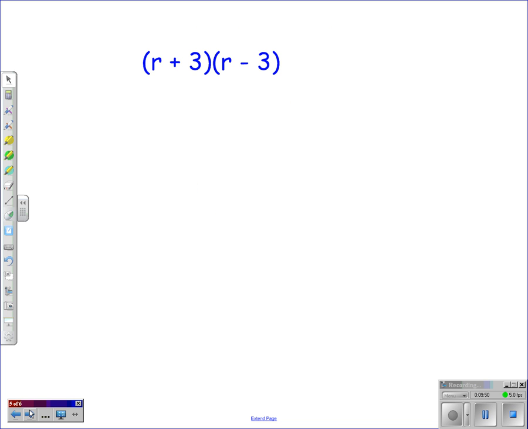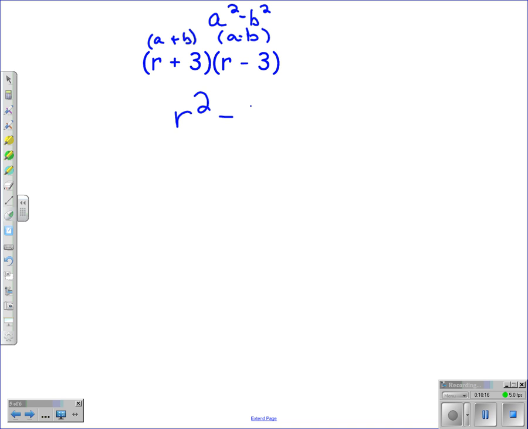An example of r plus 3 times r minus 3. We want to work with that a squared minus b squared pattern. Recognize that your r is your A here, and your 3 is your B. So I have r as my A. That means I want to have r squared minus what my B is.